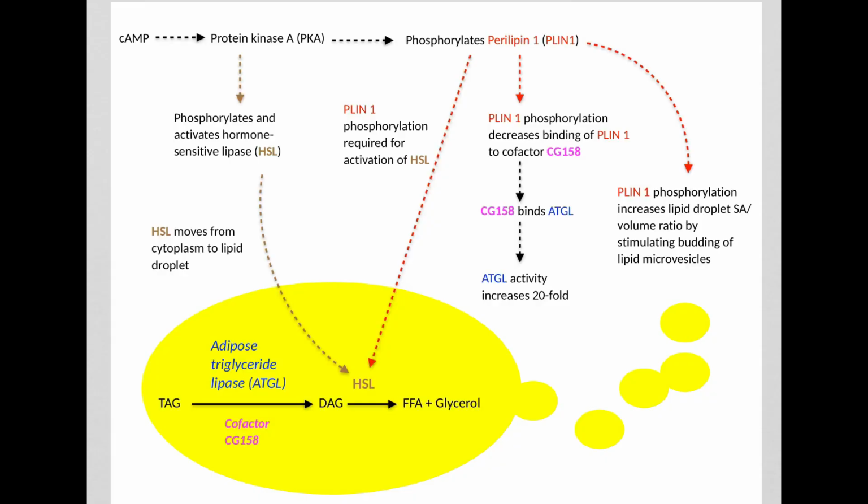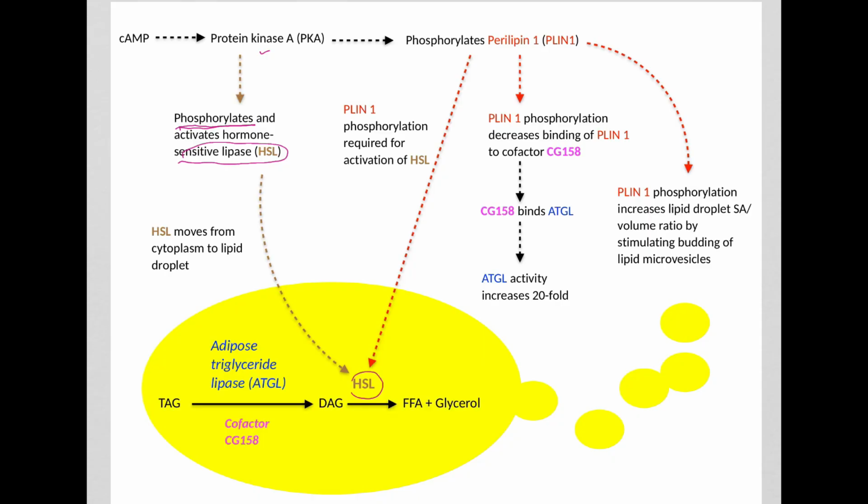So in the presence of cyclic AMP, and we'll talk about this in a future video, this enzyme protein kinase A, PKA, becomes active. And PKA then goes on to do a few very important things. One of the effects of PKA is that it will lead to the phosphorylation of the enzyme hormone-sensitive lipase, HSL.